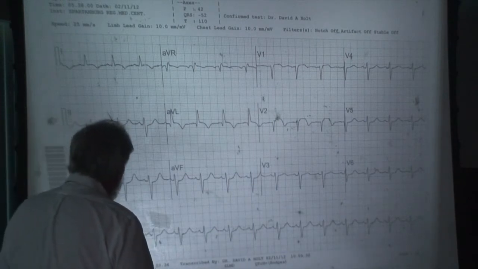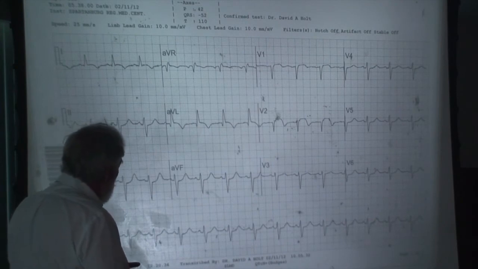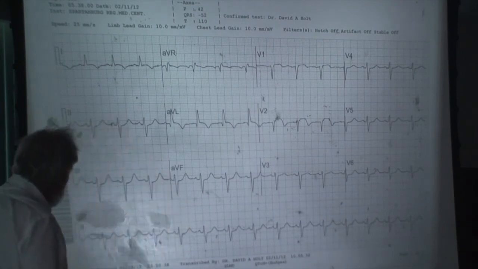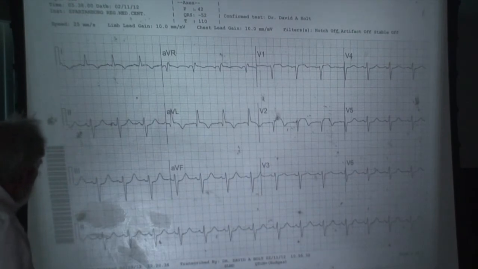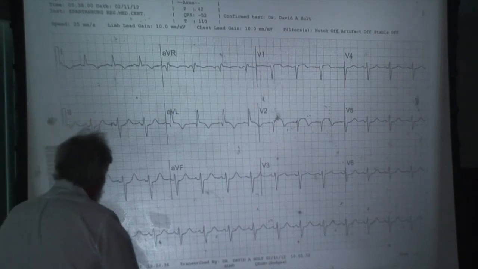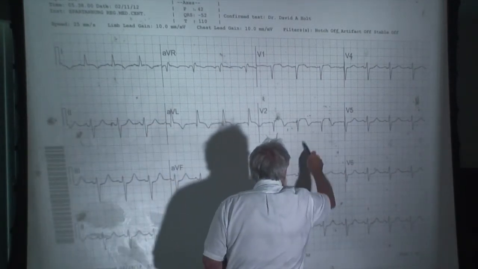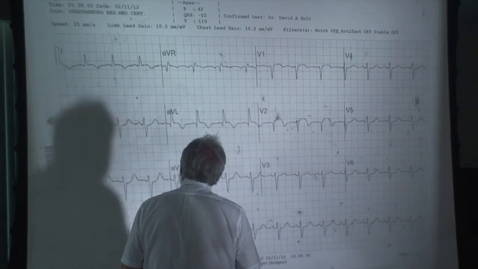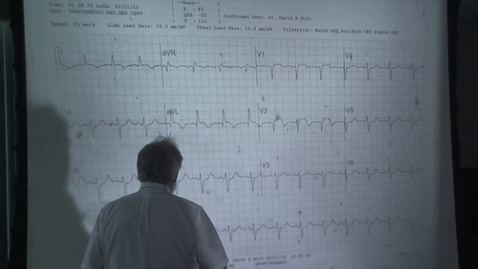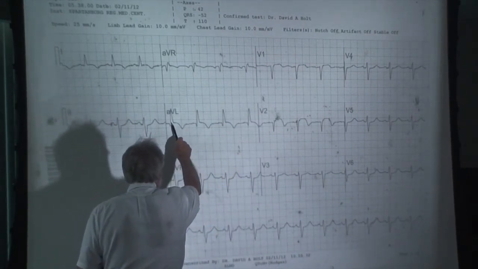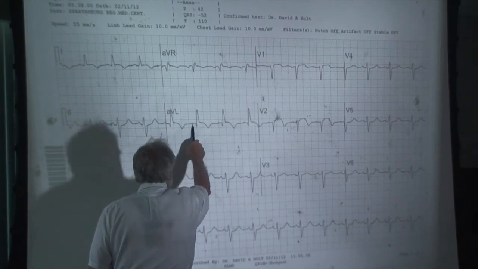I think this is a somewhat subtle injury pattern, acute injury pattern or subacute injury pattern involving the lateral limb leads and the septal leads, V1 and V2. You already have some T-wave inversion here, and you have a T-wave inversion here and a hint of a Q-wave.